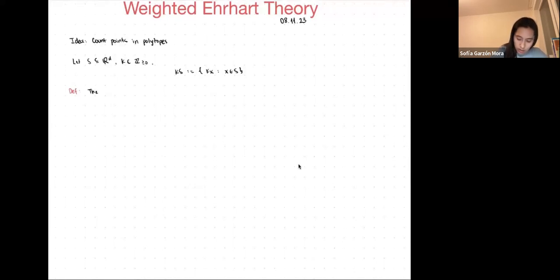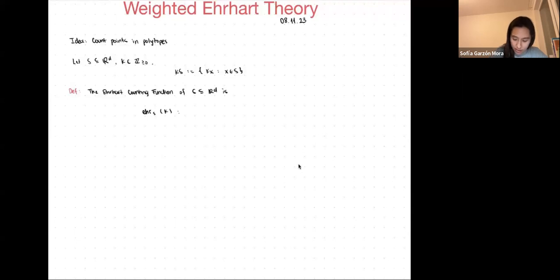So the Ehrhart counting function, maybe I should ask, is the size of handwriting fine? Yeah, okay. I think you can zoom anyways, right? The Ehrhart counting function of this bounded set S of R^d is just given by, I'm going to denote it by e with a small e, because you'll see why.